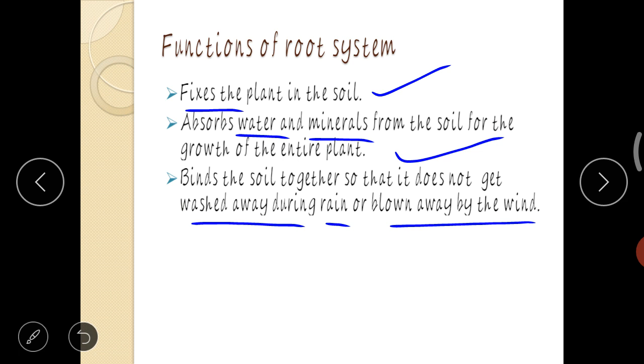So these are the three main functions of the root system.